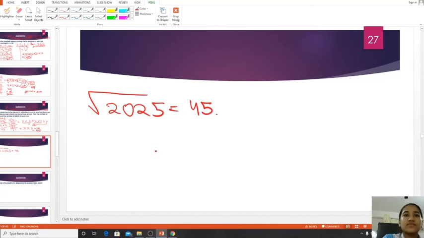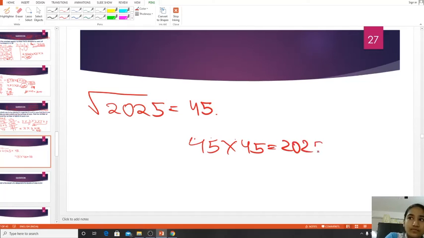That means if there are 45 rows, there are going to be 45 plants in each row. How are we going to calculate whether it's wrong or right? Because 45 rows and 45 plants in each row, so the number of plants, 45 into 45, is equal to 2025. Right? 45 square is equal to 2025.